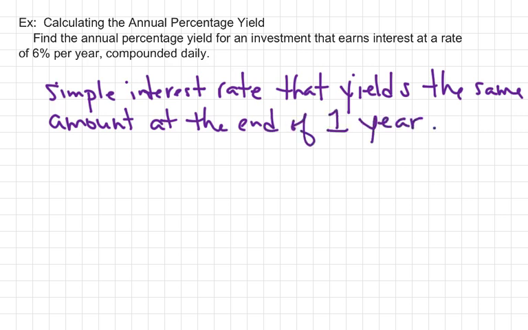That means instead of compounding daily, if we were only compounding 1 time per year annually, what would that interest rate be? It's not going to be 6%.